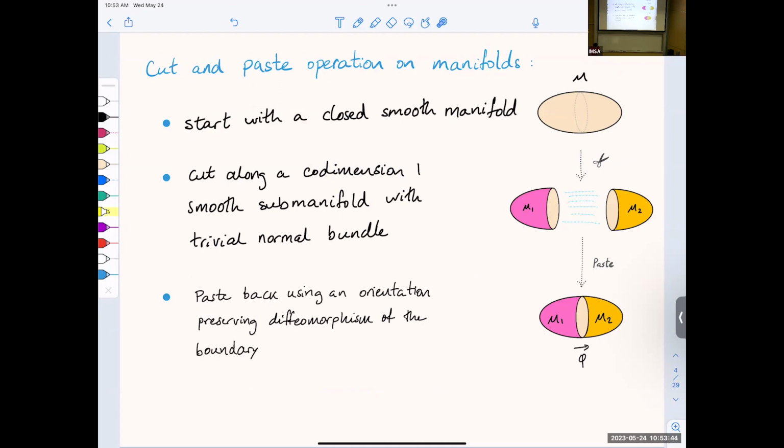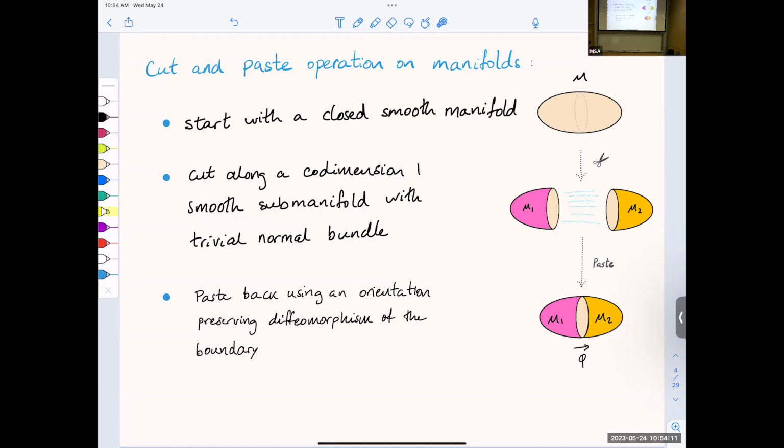So let's start looking at the right-hand side of the slide. We start with a closed manifold M, and this is the very classical definition of a cut and paste operation on a manifold. We cut along a codimension 1 smooth submanifold with trivial normal bundle.